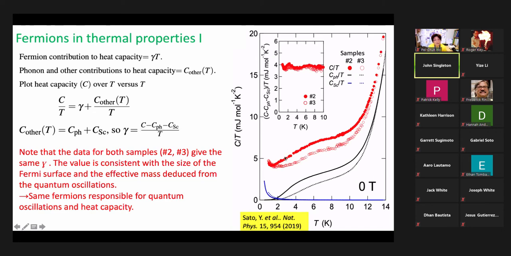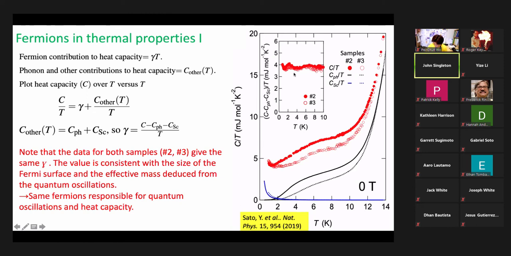So here are the experimental data. This is the heat capacity divided by the temperature, and this is the temperature here. Experimental data for two different samples are the different red points here. This is the phonon and the Schottky anomaly contributions added together. And if we look at this, the difference between them is constant. So we are coming out with a gamma that is a constant, which is a pretty good indication that they're fermions. If we plot that gamma as a function of temperature, you see it's turning out as a constant, and it's the same for the two samples.